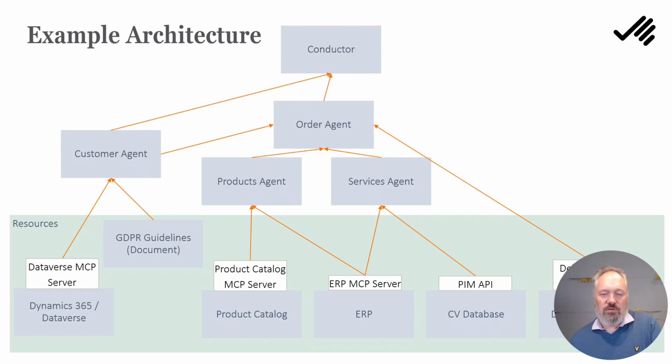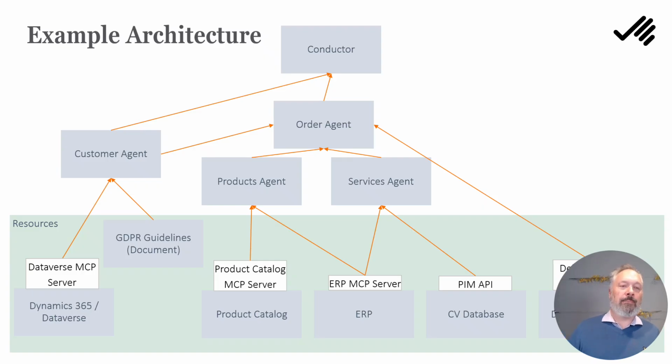And in that case, the top agent would be some kind of conductor. And this is one scenario we have here, where this conductor could, for instance, be the customer service agent that we have. In this case, it is a sales agent that puts together orders and answers RFPs, for instance, a part of that anyway.